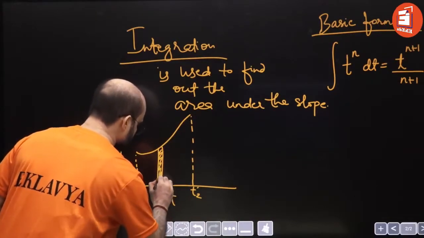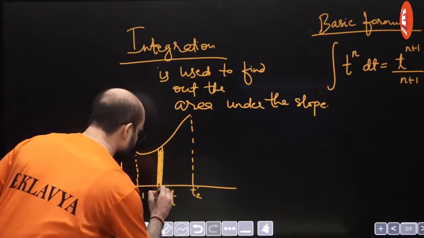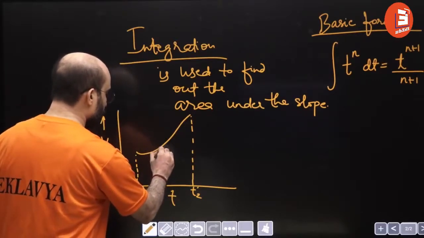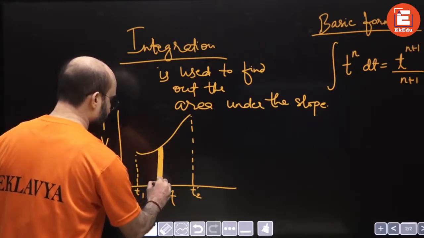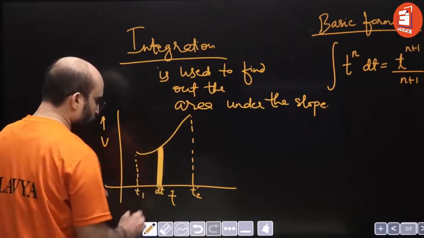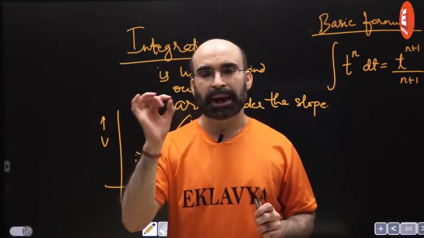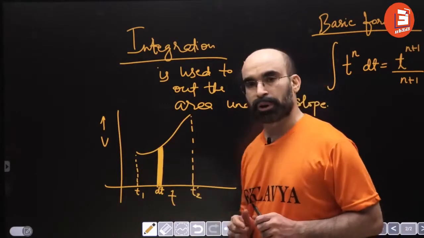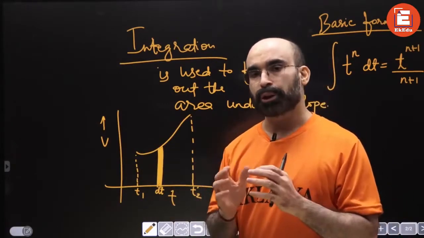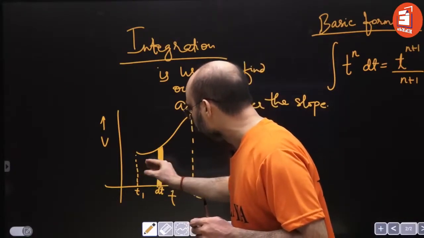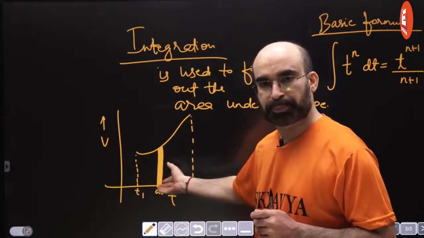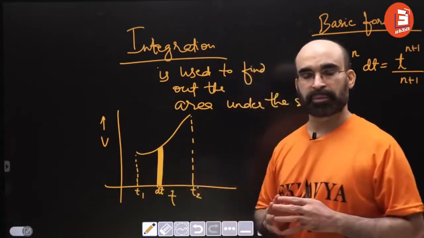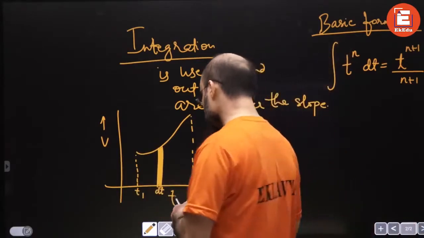If we find the area of this small strip, it appears to be one small rectangle. We will just add all such multiple strips within this range of time. This is what we have taken.